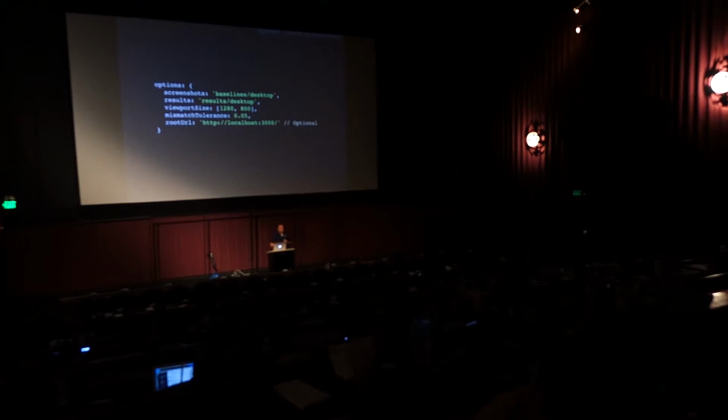Within the options, these are the options. So we can change the mismatch tolerance. The reason there's a mismatch tolerance is because I use a Mac. Some of the people on my team use Windows. Some of them use Linux. Every machine is going to render things slightly differently within subpixel anti-aliasing and things like that.